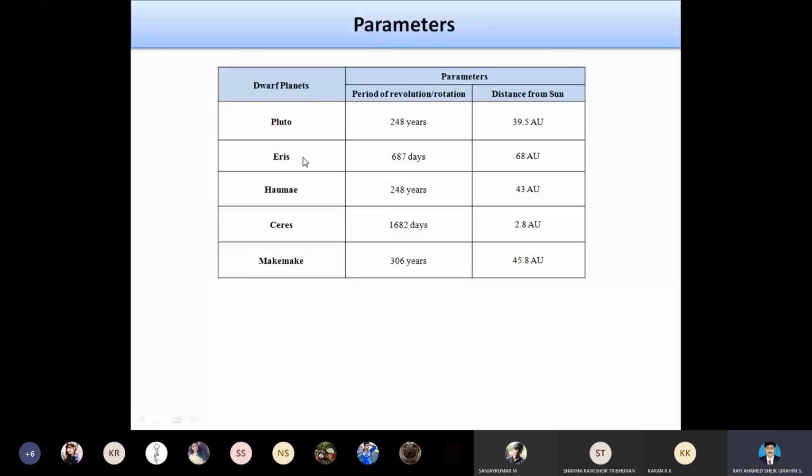The planets orbiting between the asteroid and the Kuiper belts are Pluto, Eris, Haumea, Ceres, Makemake. For these planets, we can see the orbital period of revolution, also mentioned in terms of years. We can measure this also. I have just shown some parameters which are relevant to our problem.